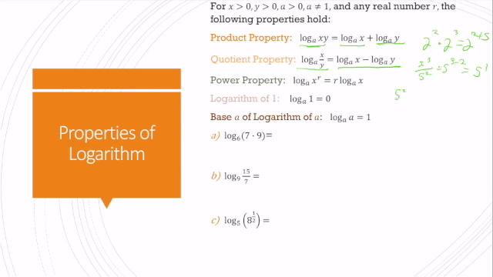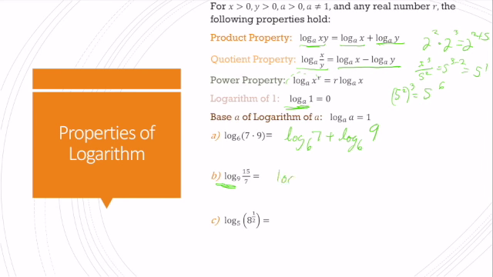Tying it back to the exponent rules, remember our power property: if I had 5 squared cubed, I multiply the powers together, so I can just move that power to the front. And again, log base anything of 1 is going to be 0. So let's take a look. I can rewrite log base 6 of 7 times 9 as log base 6 of 7 plus log base 6 of 9. I know these don't work out nicely, and that's okay.